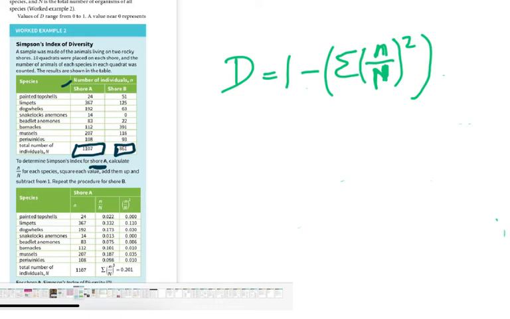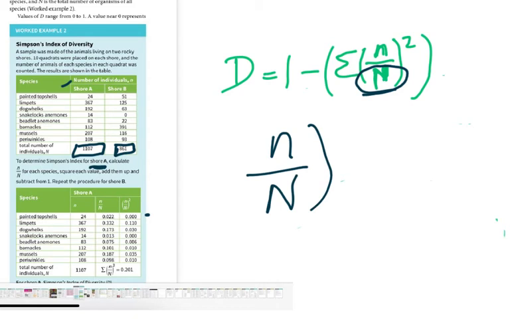And then you, of course, square it. So similarly, the limpets were 367. So 367 divided by 1107. 1107 was the capital N, was this figure. And so you do it for all of them. And then finally, it's small n over big N, whole square.